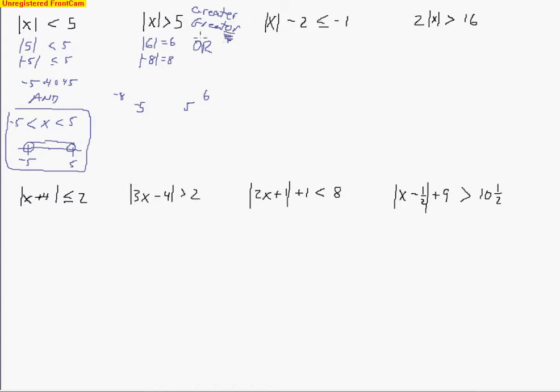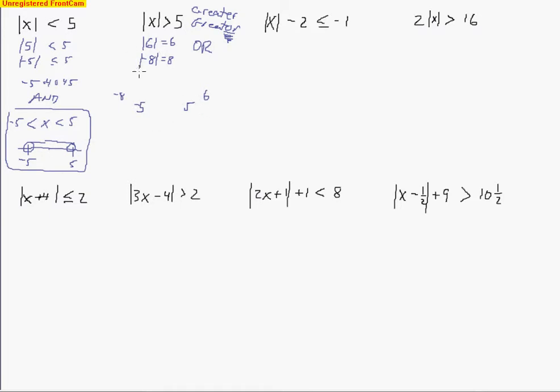And so whenever you see an absolute value that's greater than a number, as long as the absolute value is by itself, there's no number like a negative sign outside. If there were a negative sign here, we divide by the negative, it'll end up switching the inequality sign, which would switch it to an AND statement in that case. So if it's greater, it's an OR statement. Less means an AND statement. So less is in between, greater is to the outside.